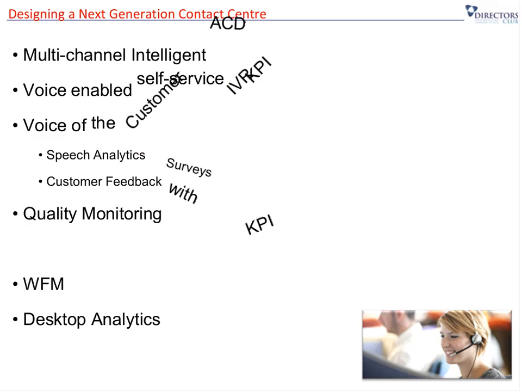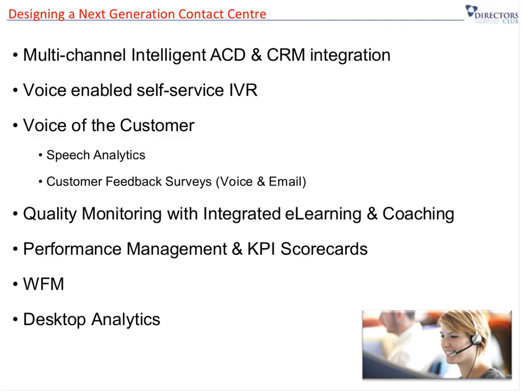All of this represents about 40 new physical and virtual servers, a complete uplift of our customer-facing telephony and our internal tools. That includes things like voice of the customer analytics through speech analytics and customer feedback surveys in real time, and desktop analytics that monitors what actions our advisors are taking in our systems. All of that was deployed simultaneously over the space of a few weeks in November last year.